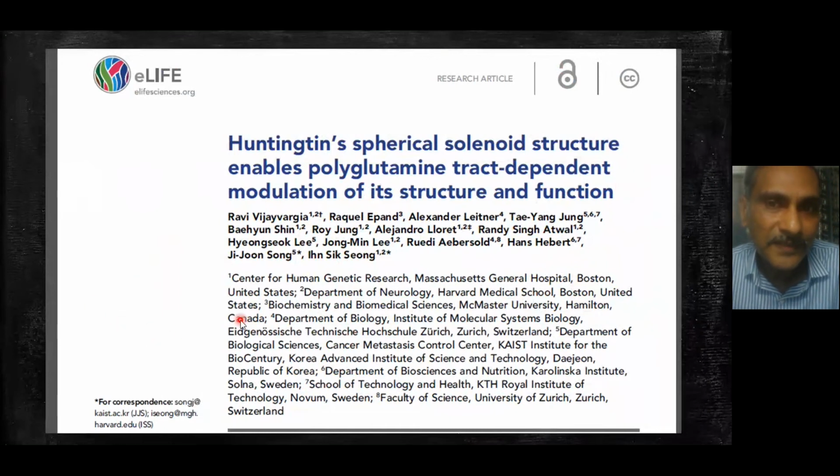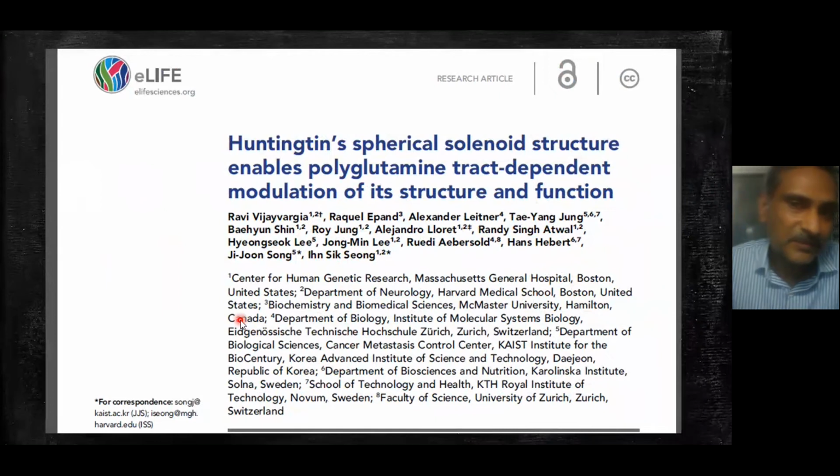So this was the first such study, which was made possible because we could express this large protein using the baculovirus insect cell system. And this was just the beginning, because once we had the protein, we could collaborate with several groups, and we could answer several other questions.